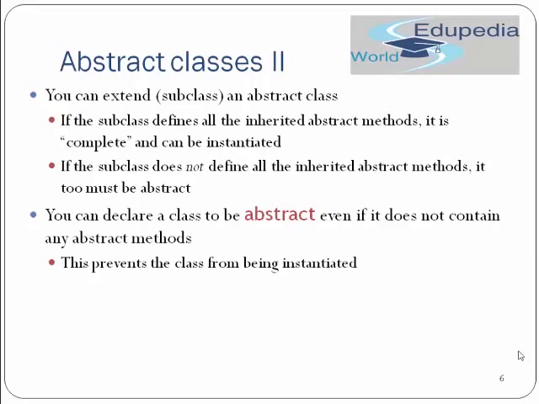If a subclass does not define all the inherited methods of an abstract class, then it too must be abstract. Fine. You can declare a class to be abstract even if it does not contain any abstract method. This prevents the class from being instantiated. Fine.